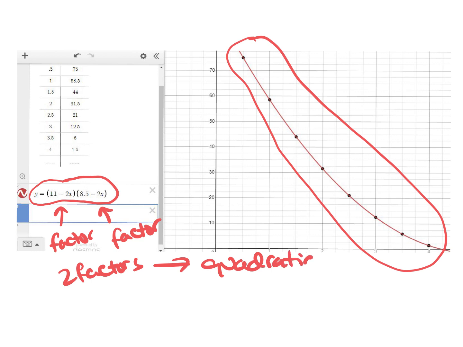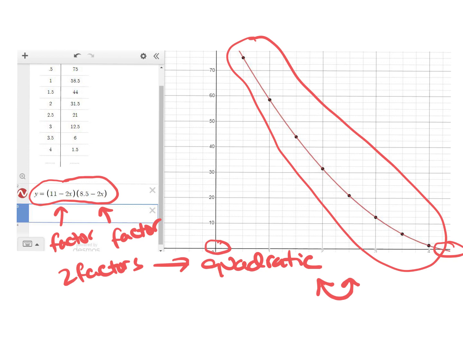Even though it doesn't look like our normal parabola, it is a quadratic equation. The reason it doesn't look like one is because of what I have my domain set at. My window goes from a little under 0 to a little over 4 on my x-axis, so I'm not showing the whole entire graph.